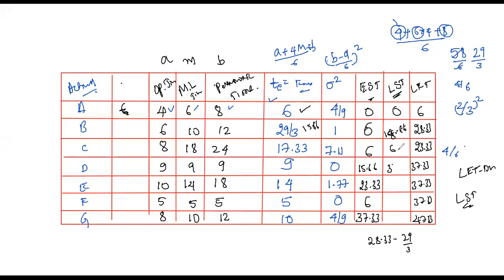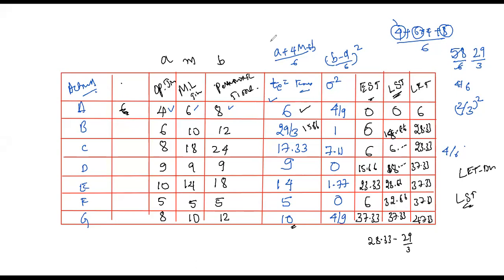Then 37.9, so you'll get 18 point something. Simplify the fraction. And 37.14, okay. So how much will you get? 23 point something, 23.66. Next, 37.33 minus 5, so 32.66. Next, 47.33 minus 10, you will get 37.33.